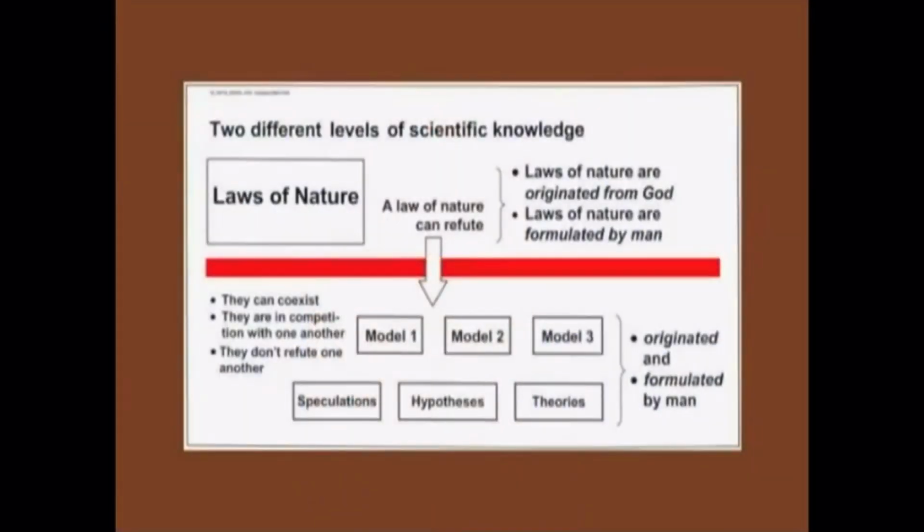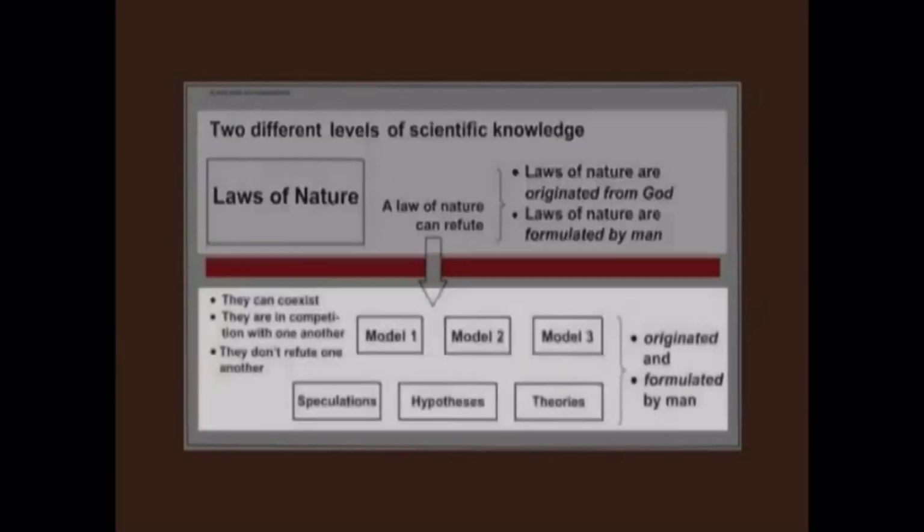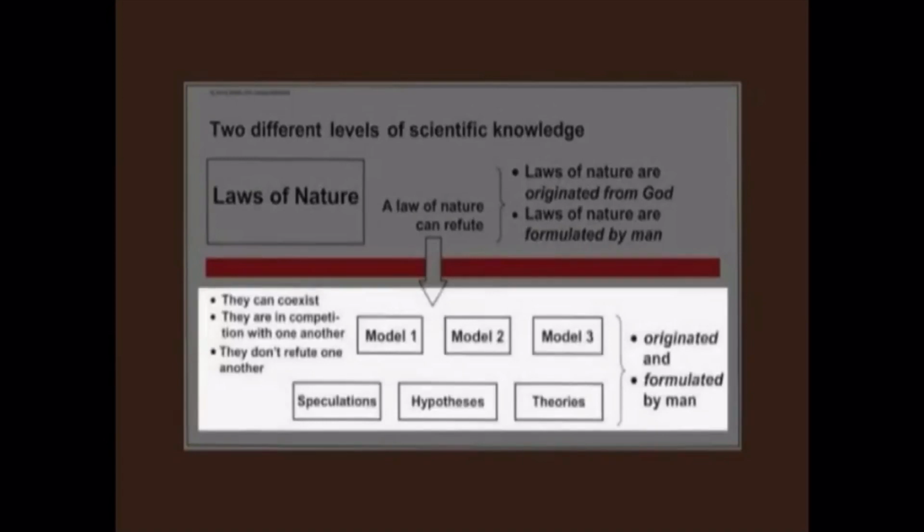Here you see different levels of scientific knowledge. Above the red line you see the laws of nature, and we can say the laws of nature originated from God. And the laws of nature are formulated by men. But we have other levels of scientific knowledge. You see models or speculations, hypotheses or theories.